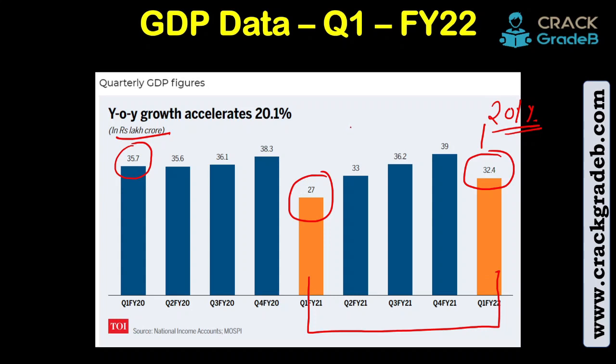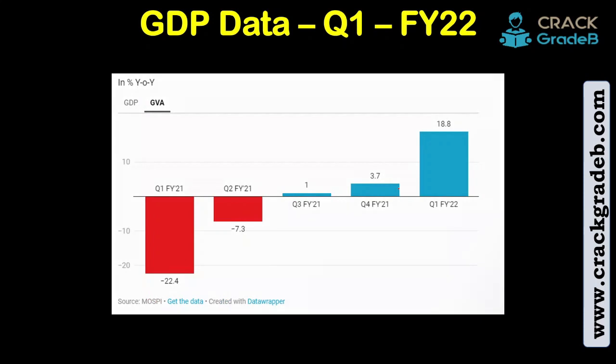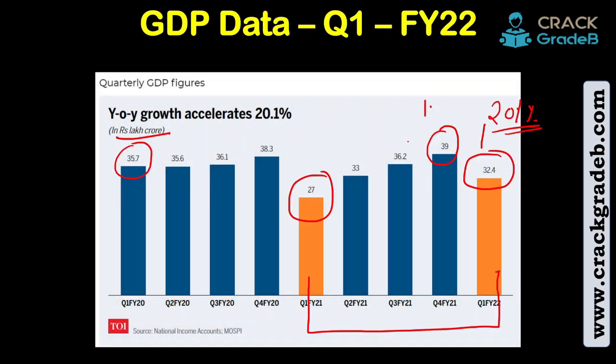Now here it's 39. Here it was only 1.6%, I guess. How do we calculate that 1.6%? In terms of value, it's 38.3 and it's 39, so a very minute difference, right? You calculate the difference divided by 38.3 multiplied by 100, and you get 1.6%.